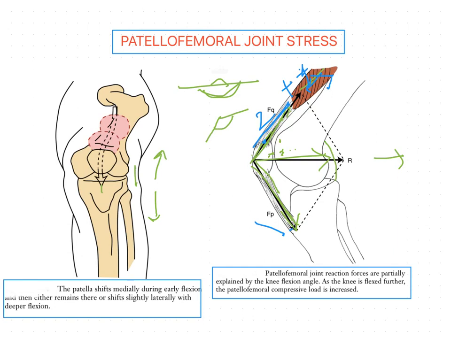All constitute together to increase the joint compressive force. Therefore the total joint reaction force is influenced by the magnitude of active and passive pull of the quadriceps as well as by the angle of knee flexion.